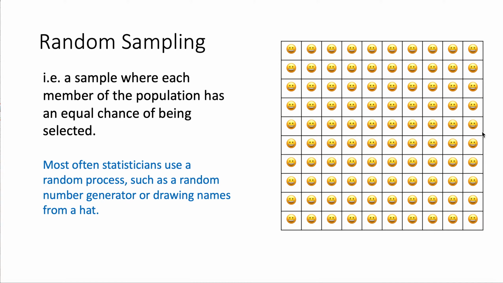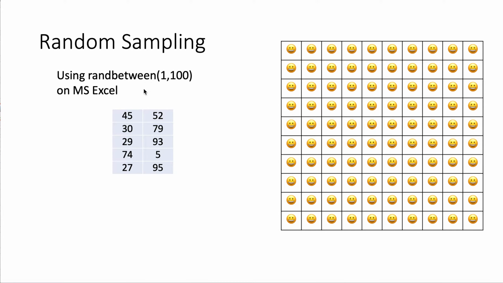So basically, if this is our whole population, what I could do is, here I've used my random number generator, just using Excel, and I've selected those 10 people as my sample. See, it doesn't have to be really high tech or elegant to do this. Just use simple command on Microsoft Excel.